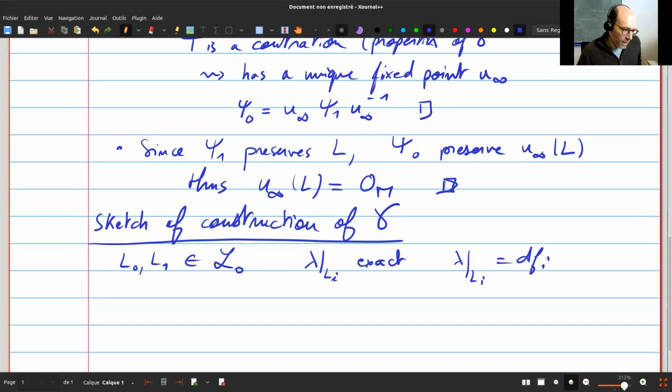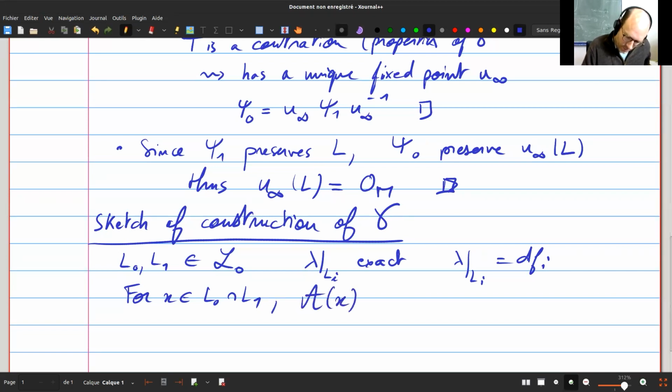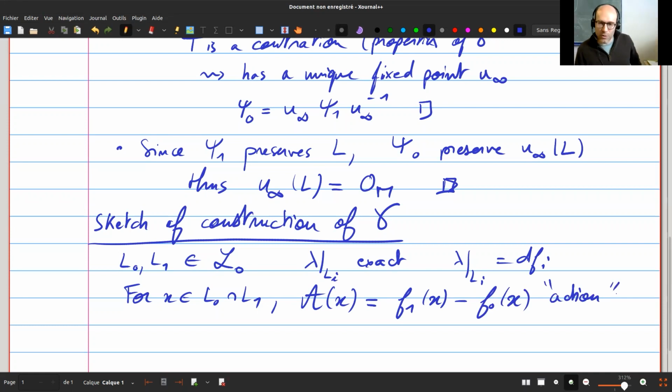If I take an intersection point x in L0 intersect L1, then I can consider the action of x, which will be f1 of x minus f0 of x. This is, by definition, the action of the intersection point.